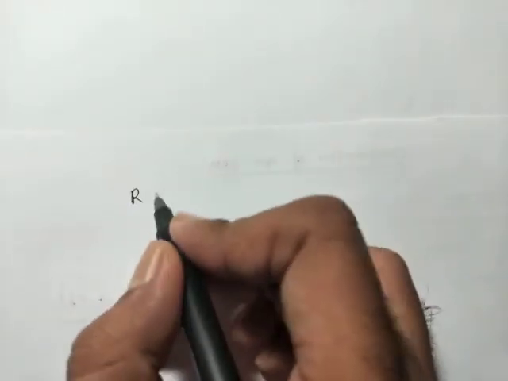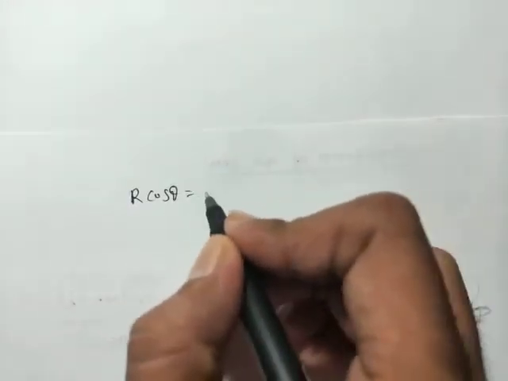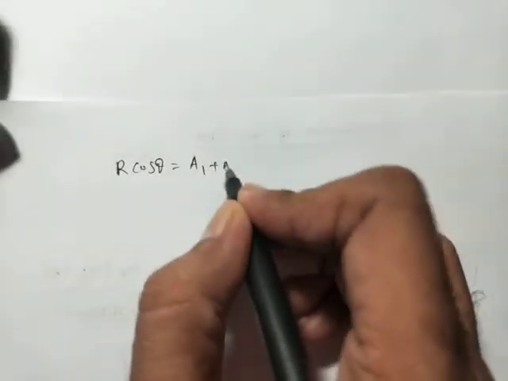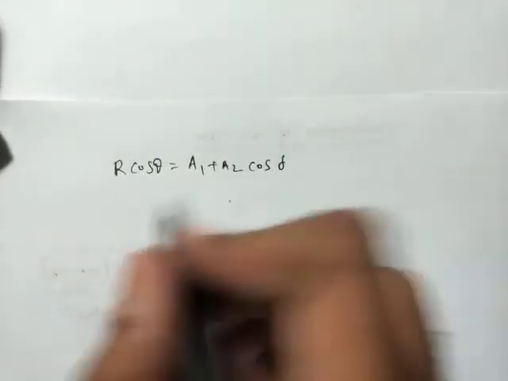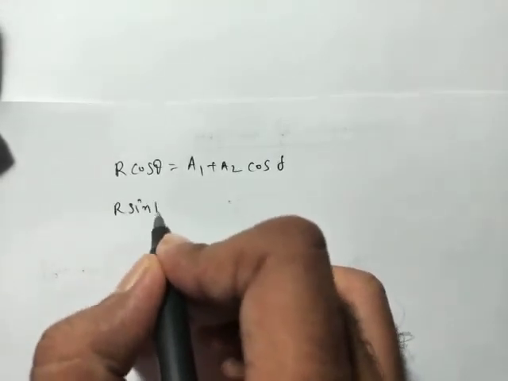We have here r cos theta was a1 plus a2 cos delta, and r sin theta was only a2 sin delta.